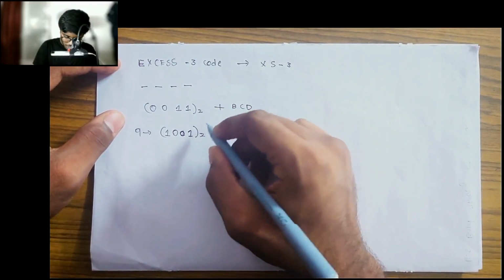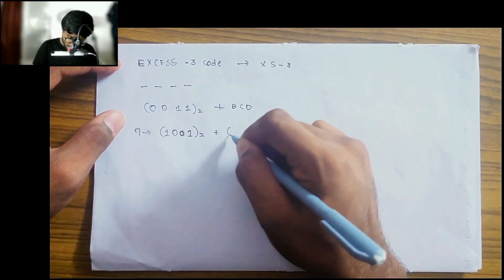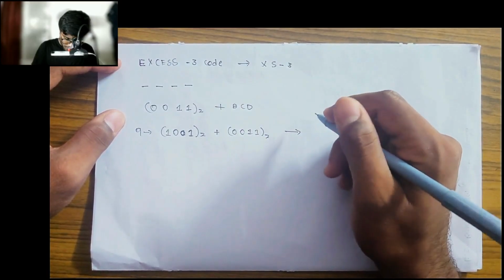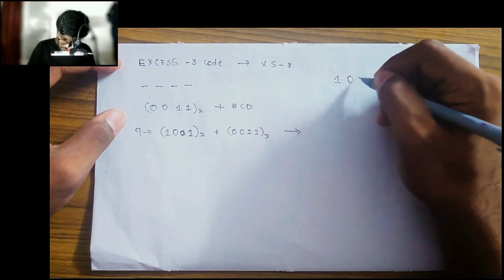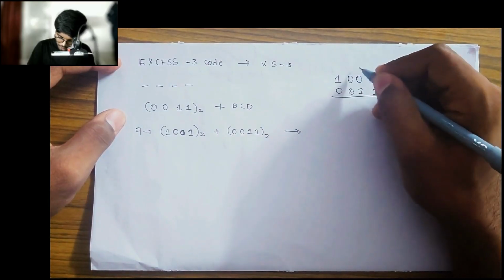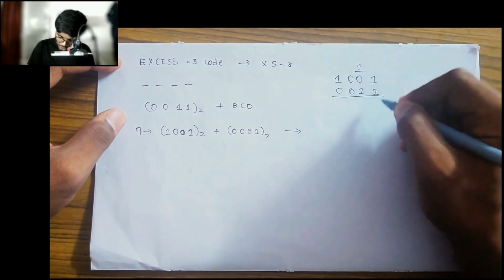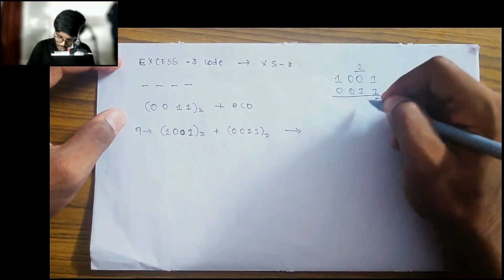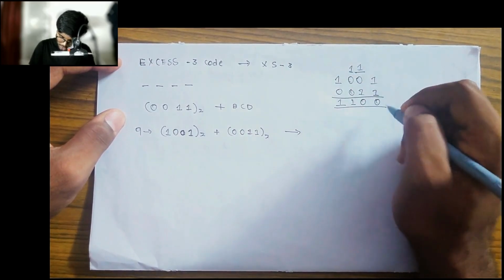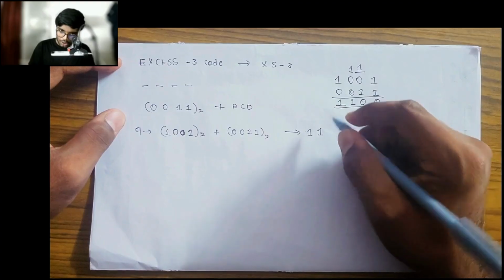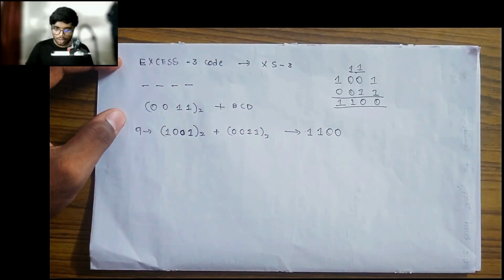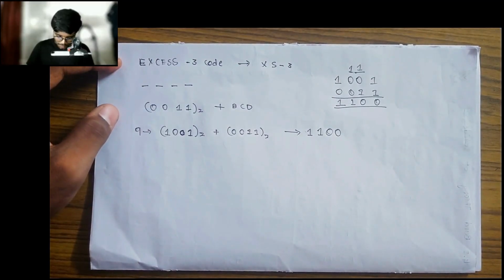To get the XS3 code of 9, we simply add 3 to it, 0011 in binary form. If we do the math, 1 plus 1 is 0, carry 1, and again 1 plus 1, sum is 0 and carry 1, 1 plus 0 plus 0 is 1, and 1 plus 0 plus 0 is 1. So now 1100 is the XS3 code of 9.